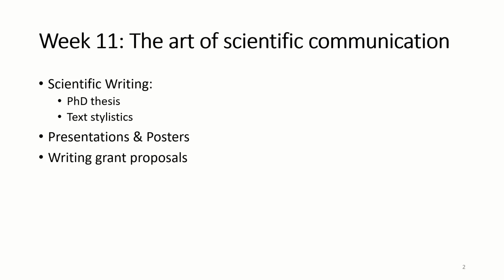So that's also scientific writing. You have also learned different text stylistics: how to write, what the formats are, what the style is, and what should be included in the body.